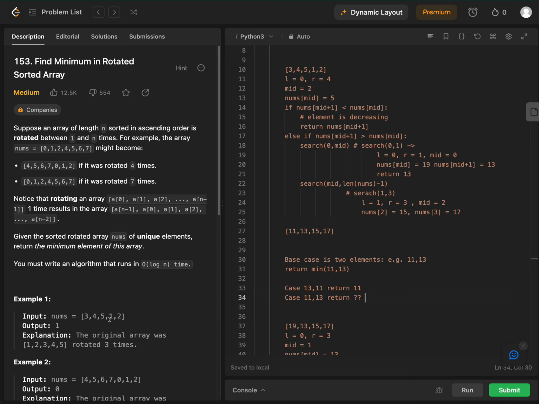No, but what if you have a situation where it's rotated like that, right? Rotated like that, and then your left and right pointer is 3 and 1. It doesn't make sense for me to return. No, it has to be next and next. It's immediately decreasing.